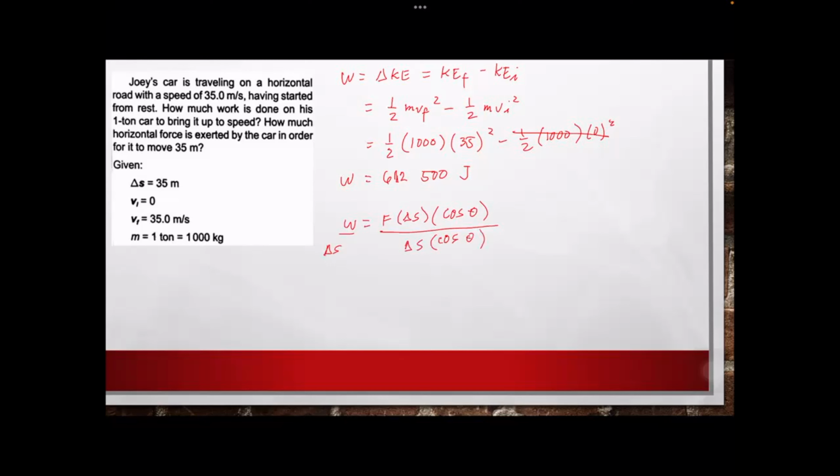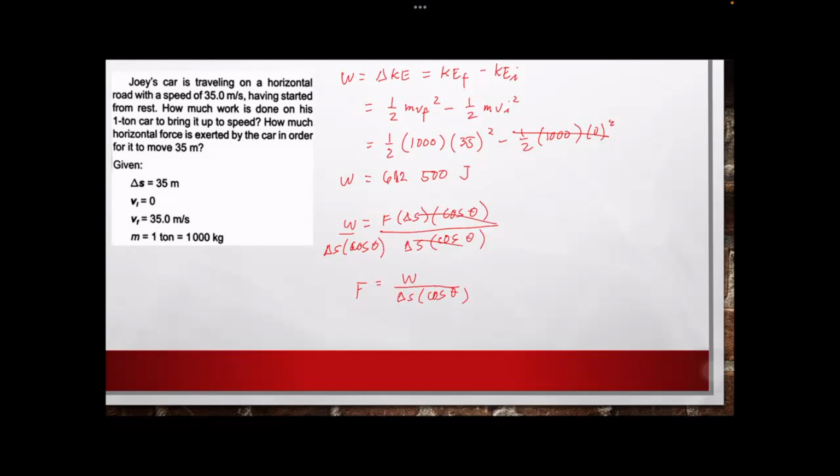So delta S, cosine theta. So cancel out. So therefore our force F is equal to W over delta S times cosine theta. Yan. Okay.